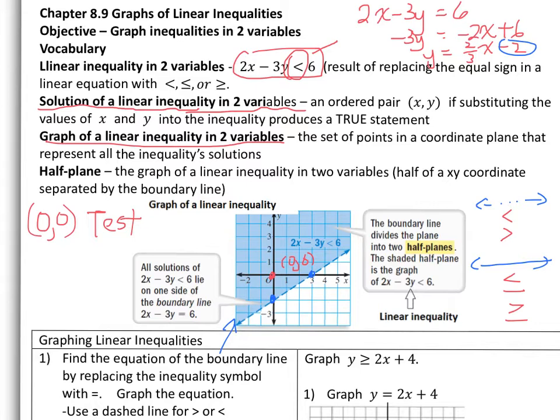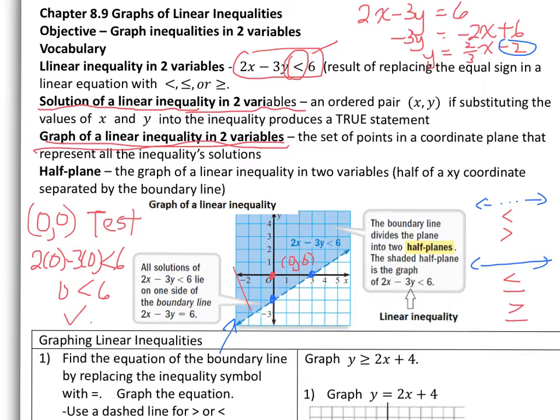I'm going to sub it into the inequality to see if it satisfies the condition. 0 less than 6. Yes. So 0, 0 happens to be a point in this graph of the linear inequality in two variables.